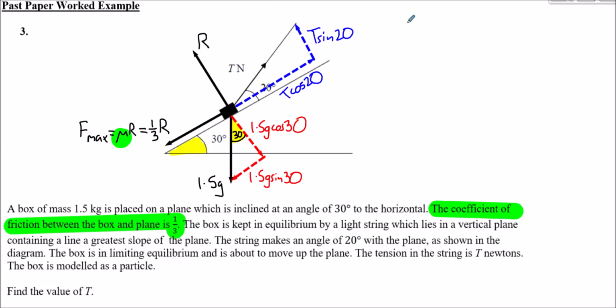So let's think about forces going perpendicular to the plane. Forces going up and down will sum to 0 because it's in perpendicular equilibrium. So based off that, we can say that the forces going up, which are R plus this component of the tension, T sine 20, must be equal and opposite to the components acting perpendicularly down to the slope, in this case just 1.5 g cosine 30.